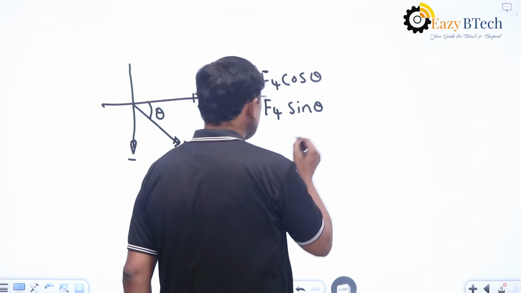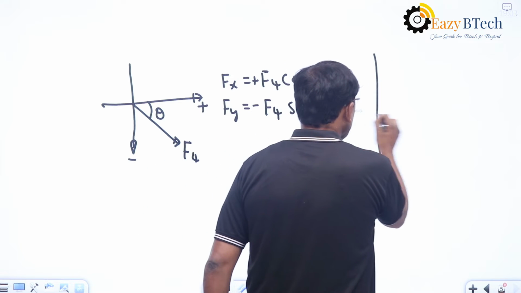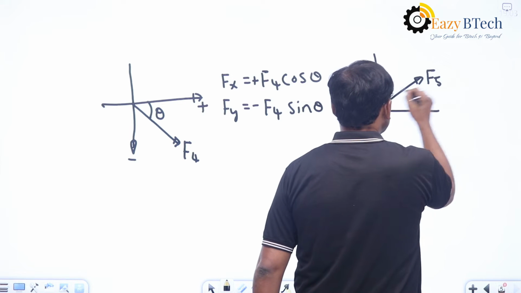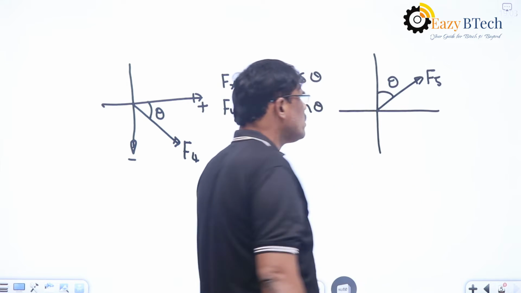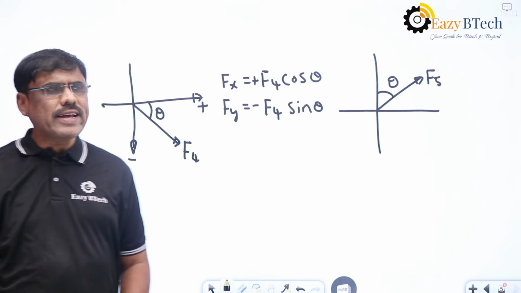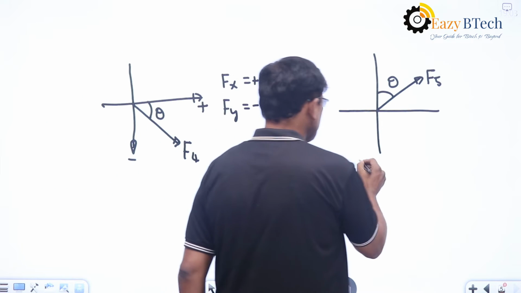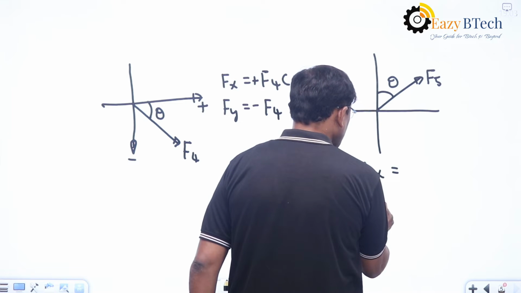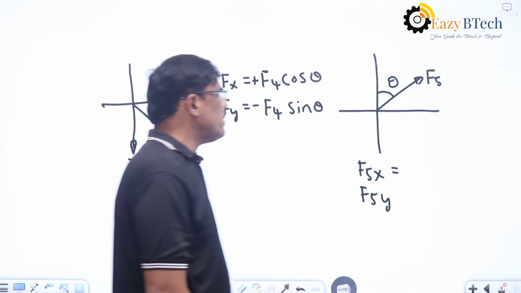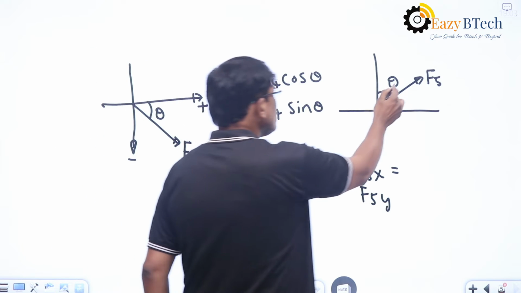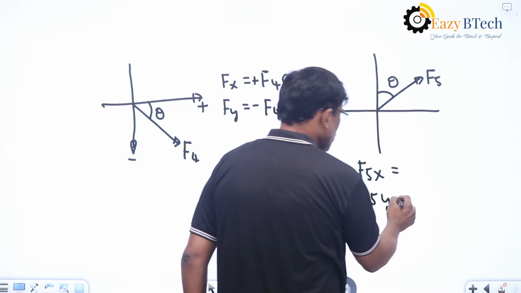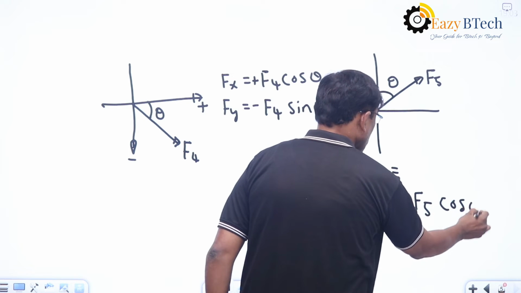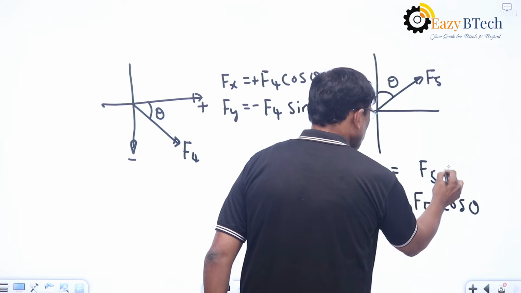Another thing is, if a force F5 is making angle theta with the y-axis, how can the components F5x and F5y be calculated? Because the angle is adjacent to the y-axis, F5y becomes F5 cos theta, and F5x will become F5 sin theta.